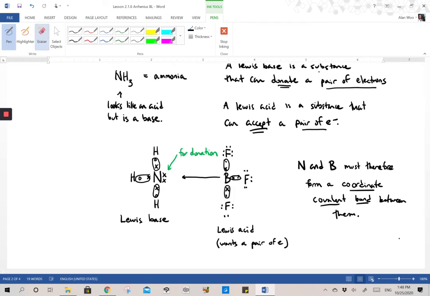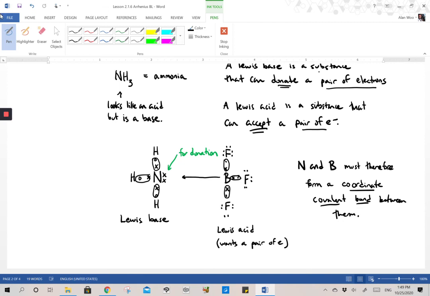Once you understand the 3 different types of definitions, they're pretty much the 3 that we use to describe how most or all acids and bases function. Every substance falls into at least one of these 3 types, if they are acids and bases. We do have other substances that are neither acids nor bases, and therefore they don't apply to these 3 definitions. But if you do have an acid or a base, it will likely fall into one of the 3.